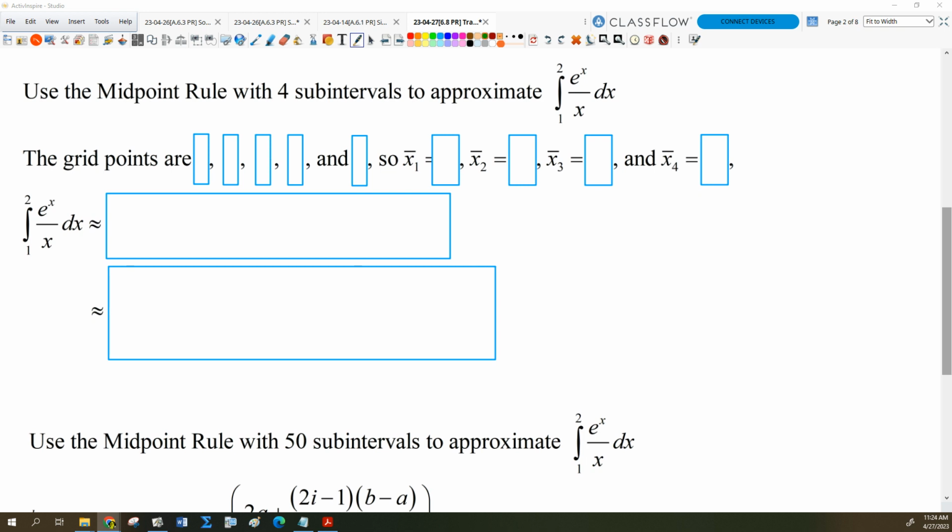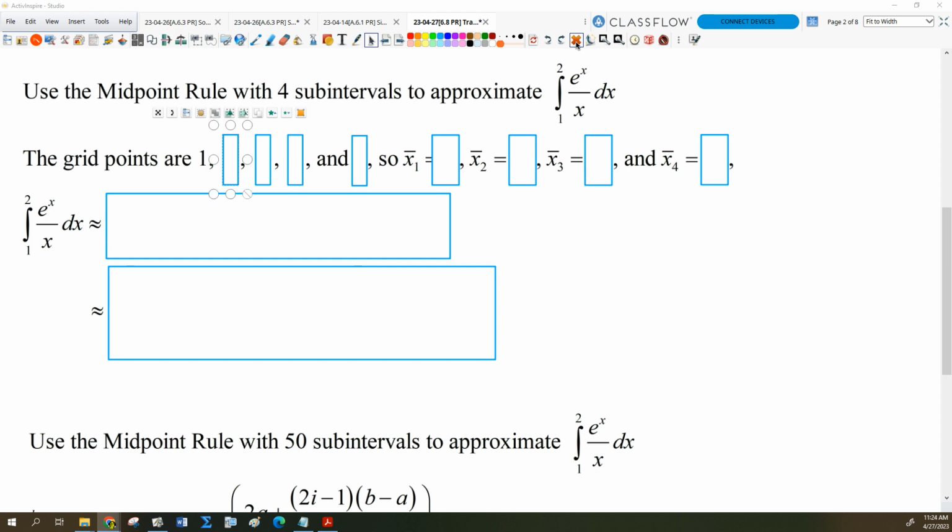Well, the start, a is equal to 1, right? So the left edge of the first subinterval is just 1. What's the right edge of the first subinterval? You just told me that the width of each subinterval is 1/4. So 5/4, right?